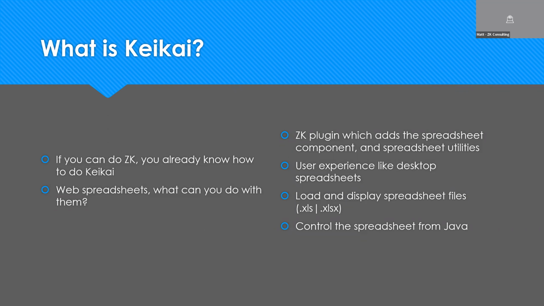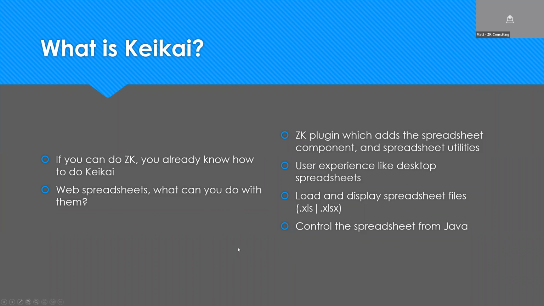Maybe you have a business report, maybe you have a loan calculation, maybe you have a budgeting spreadsheet, anything that would be expressed as an Excel spreadsheet can be expressed the same in a Keikai web spreadsheet, with the added benefit that it is running independent of the end user's client, and it is running in your application with your application context.